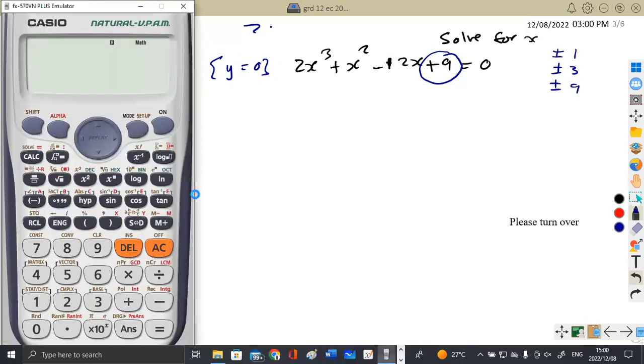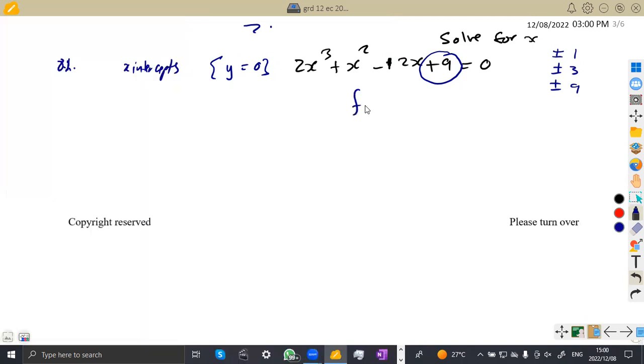Let us try 1. When x is 1, we have 2 plus 1 minus 12 plus 9. Let's see what you're going to obtain. We obtain a 0. So in this case, f of 1 is giving us a 0. That means x minus 1 is a factor.